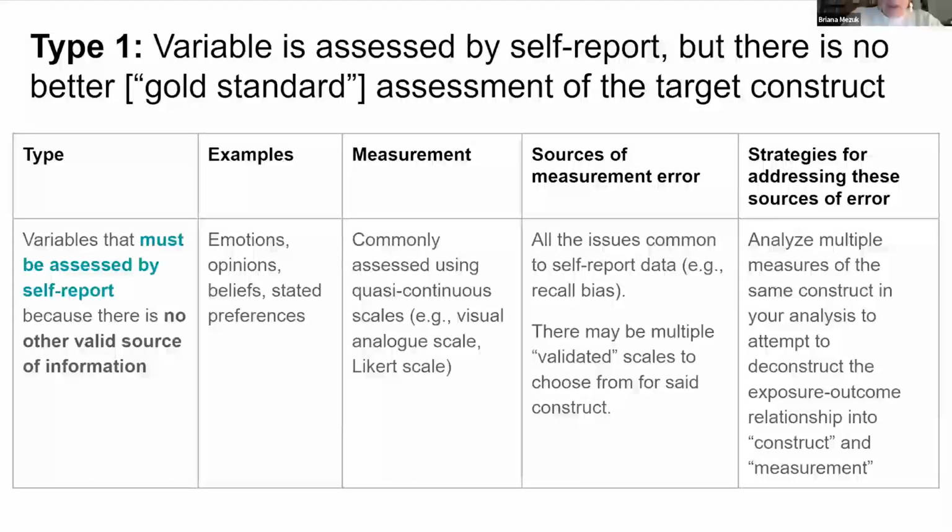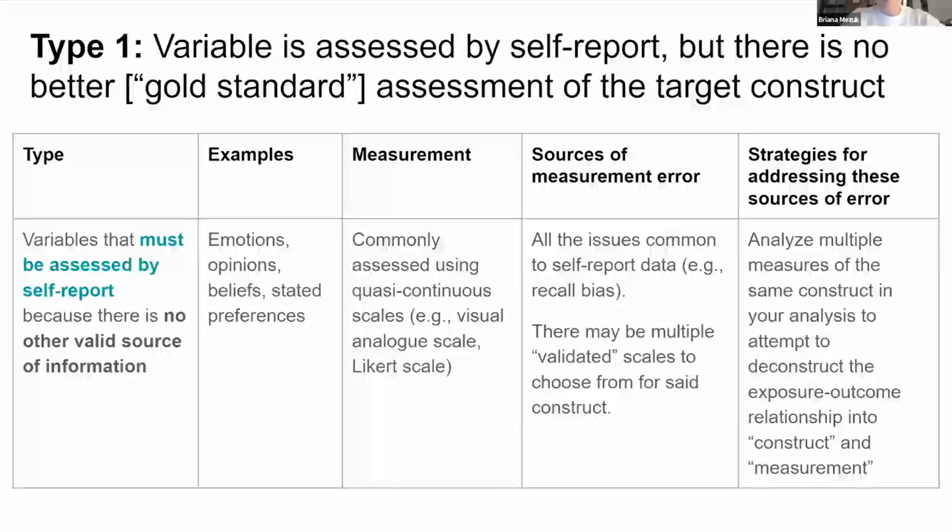One way to address these sources of error for these types of variables is to analyze multiple measures of the same, or related, construct in your analysis. You can try to decouple the exposure-outcome relationship into the construct of interest and the measurement of that construct.